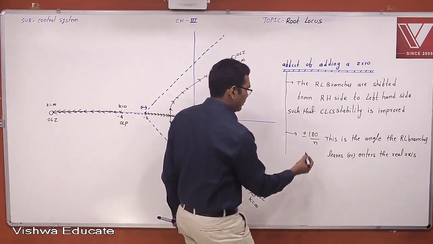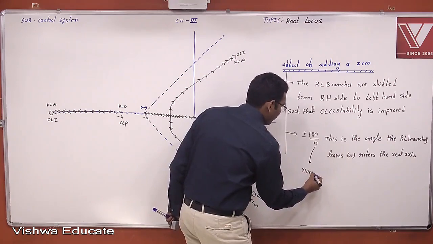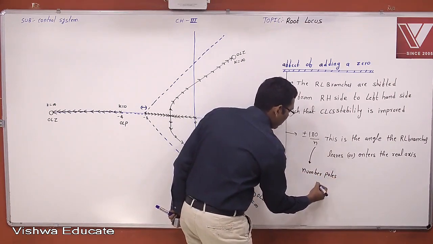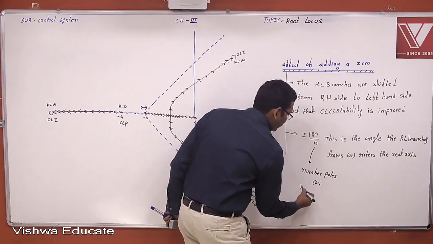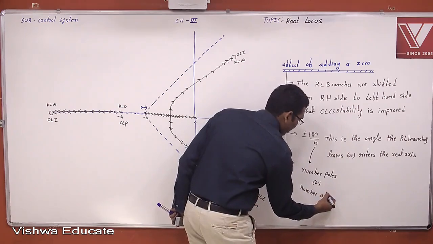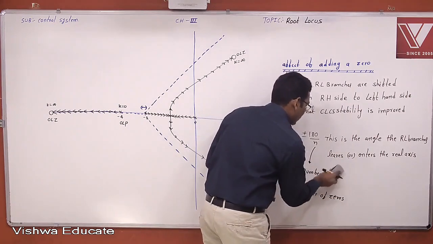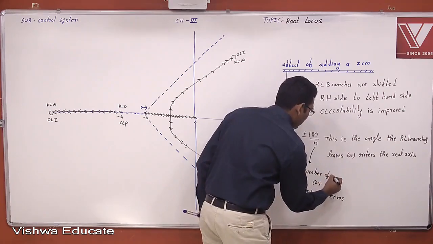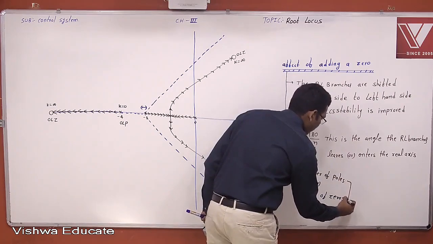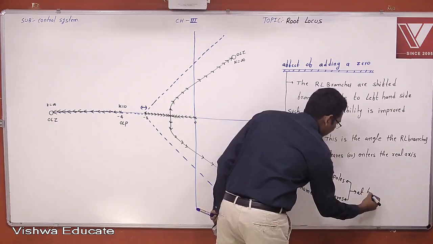Where n is the number of poles or number of zeros at the break point.